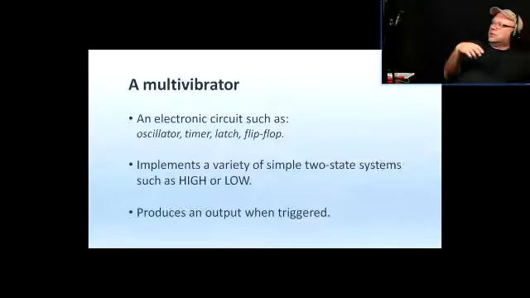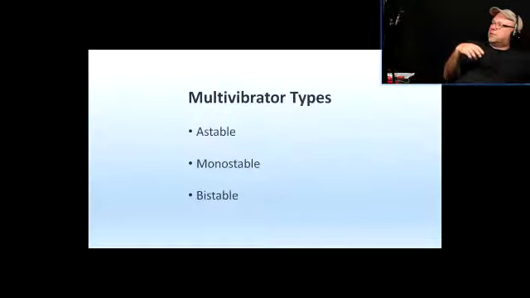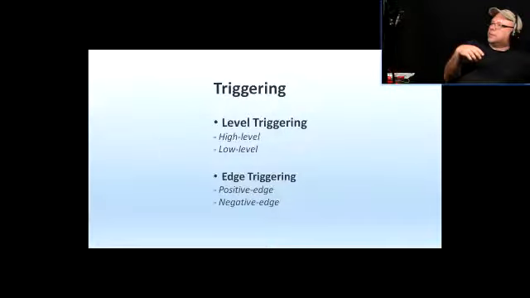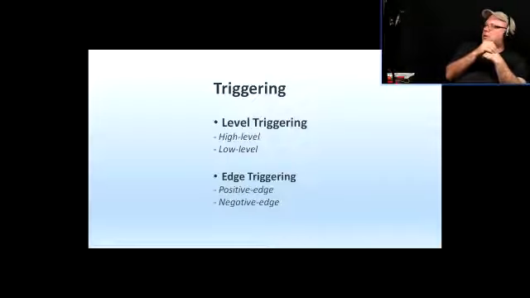There are different types of triggering based on what we want to accomplish. Triggering, or the instructions to change the device's condition, could be high level, low level, positive edge, or negative edge.